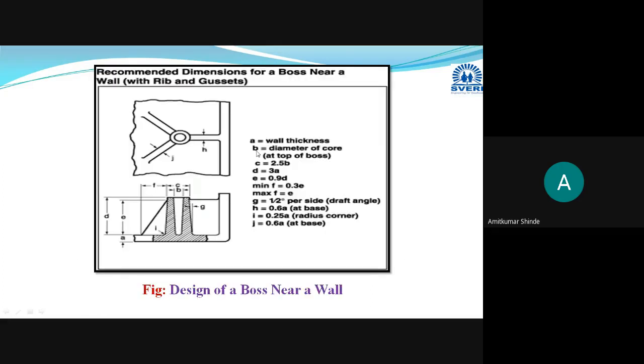Now these are some points you have to take into consideration regarding dimensions. Whenever you are designing a boss near a wall, this is the wall, and here you are providing the boss.